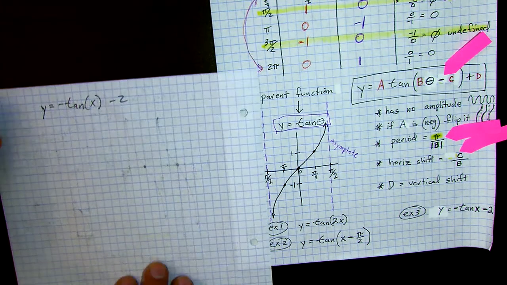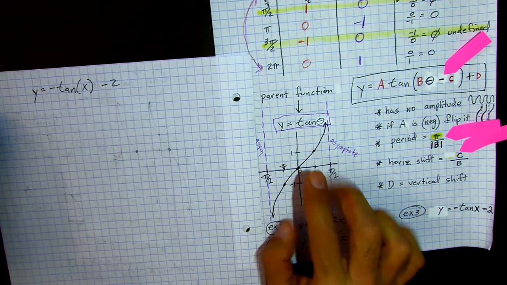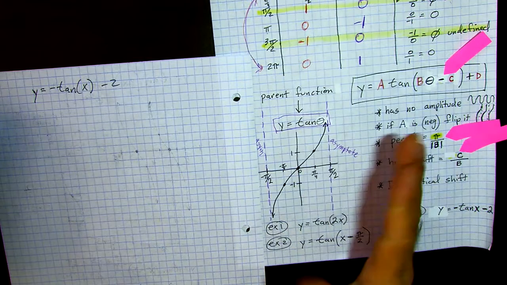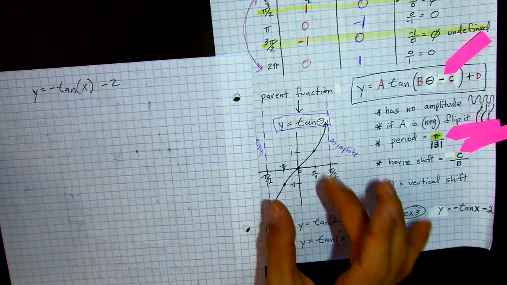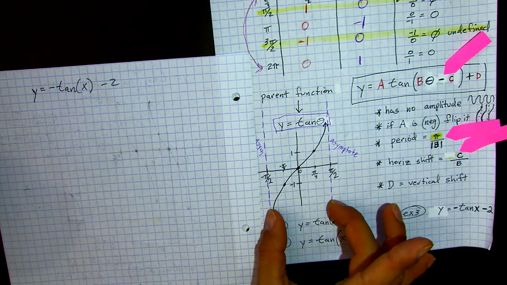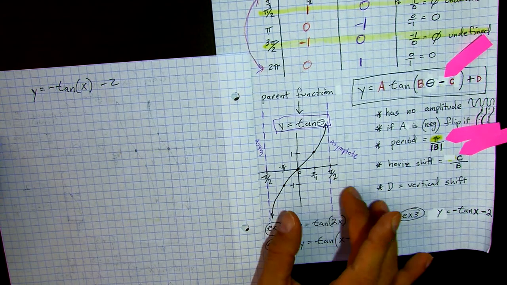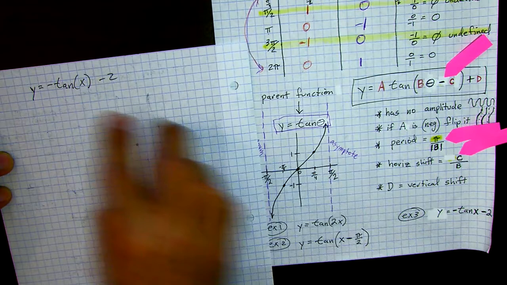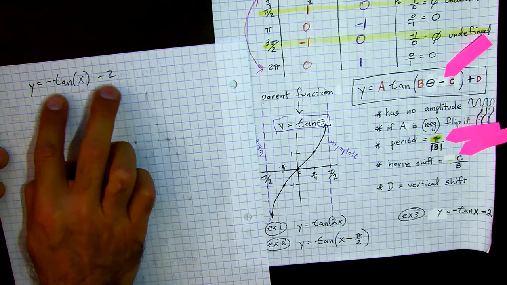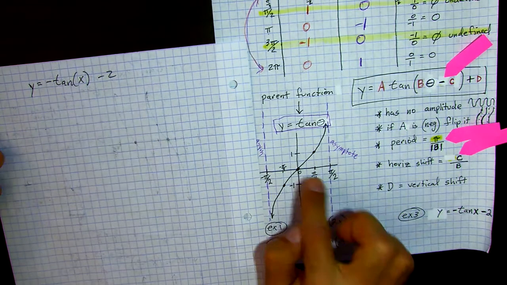So essentially what we're doing is thinking, how does the parent function move around, up, down, left, right, squeeze in, based on the period? Here the period is pi. What if it was pi over 2? It'd be smaller, right? So we're always thinking, how does the parent function transform? Really, these are transformations of this parent function.